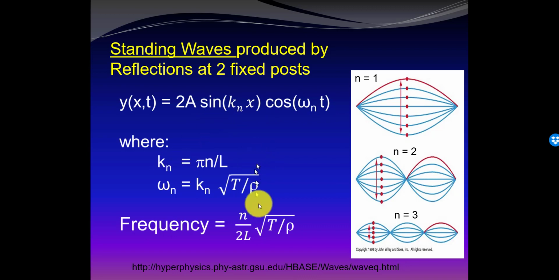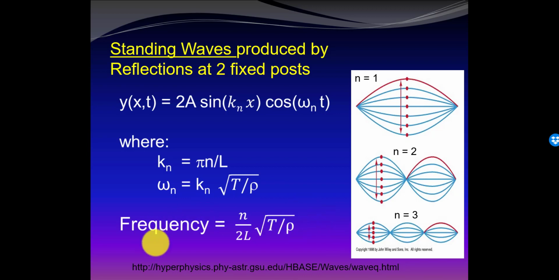Kn is the wave number, omega n is the angular frequency of the vibration. The everyday frequency of the vibration is shown here, and you can see that it depends on the tension on the string, the length of the string, and also the linear density of the string, or the number of grams per centimeter of the string.